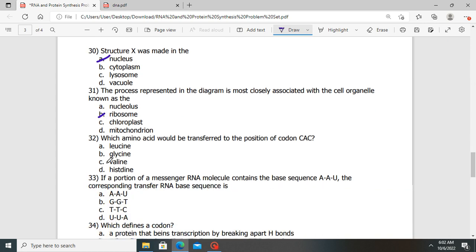32. Which amino acid will be transferred to the position of codon CAC?